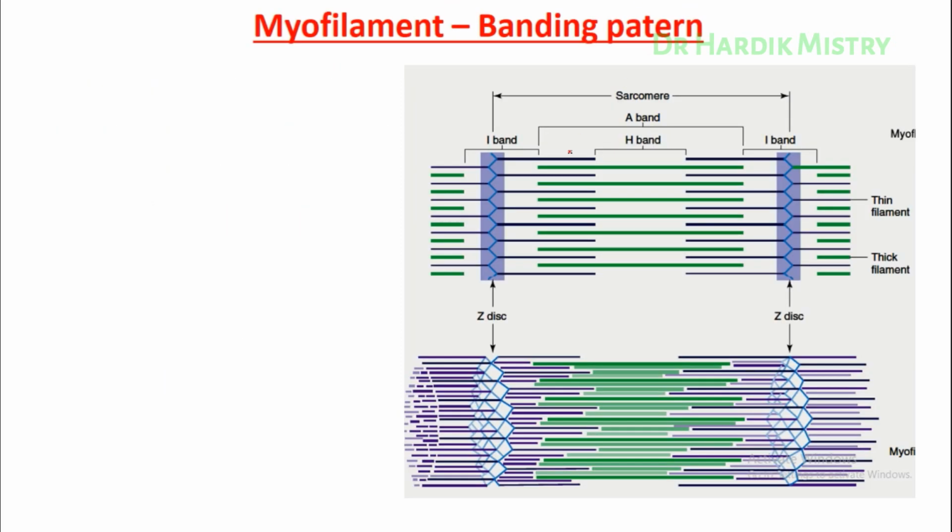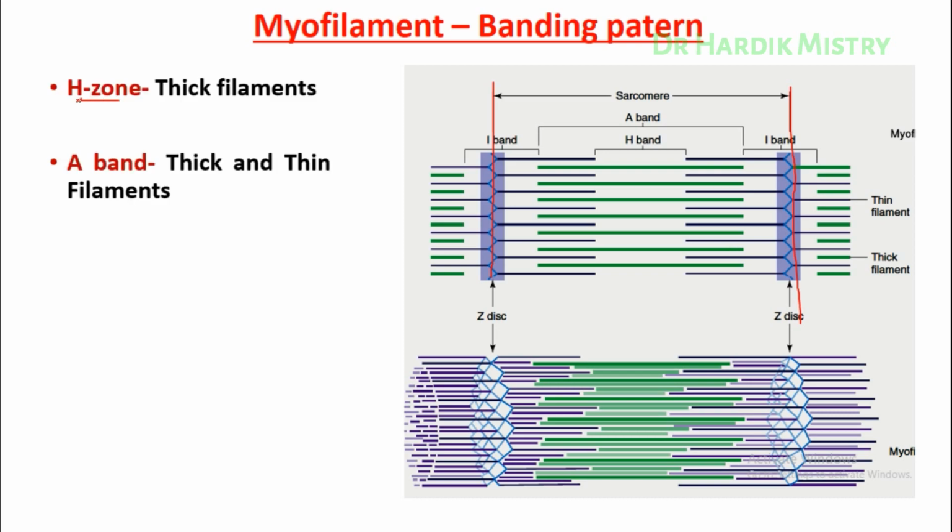So this is the structure of the sarcomere between two Z lines. This is one Z disc and this is the other Z disc or Z line. Here you are clearly seeing that the blue color is the thin filaments, which are actin, and the thick filaments are green in color and are made up of myosin.